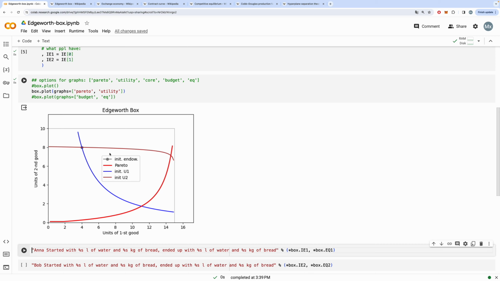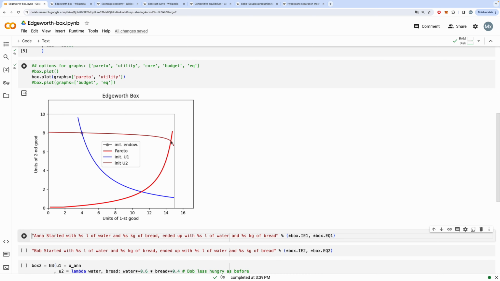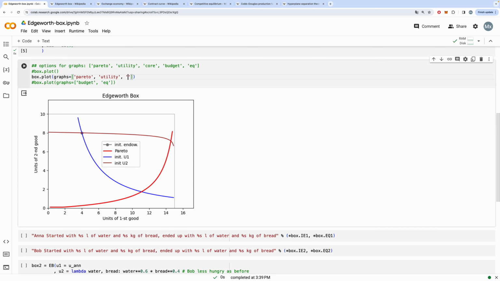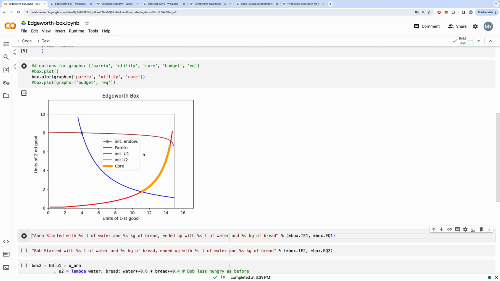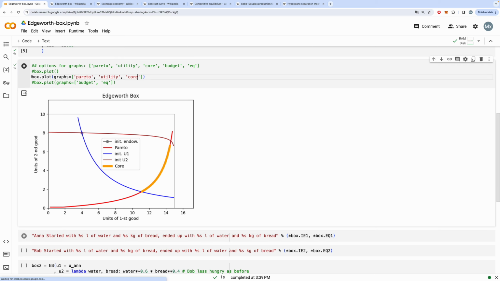He wants something that is, I mean, it looks like below for us, but for him it's also above his utility line. So at the end we should consider this part of a contract curve, and this is called the core. So this orange line.